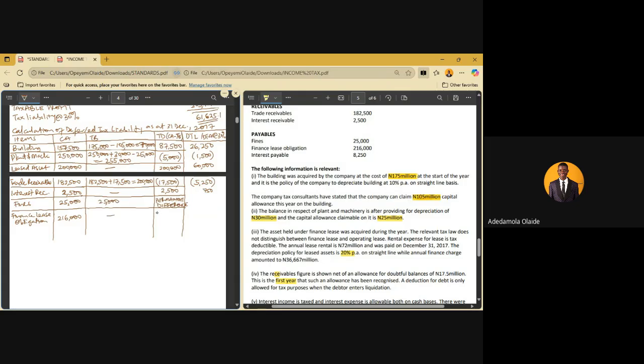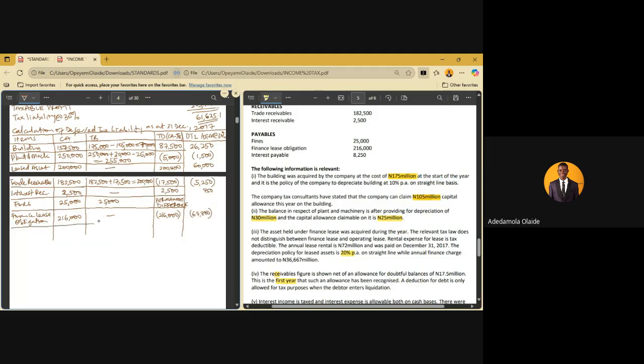So that will result into a deductible temporary difference of 216,000. And that will give us 64,800 as deferred tax assets.